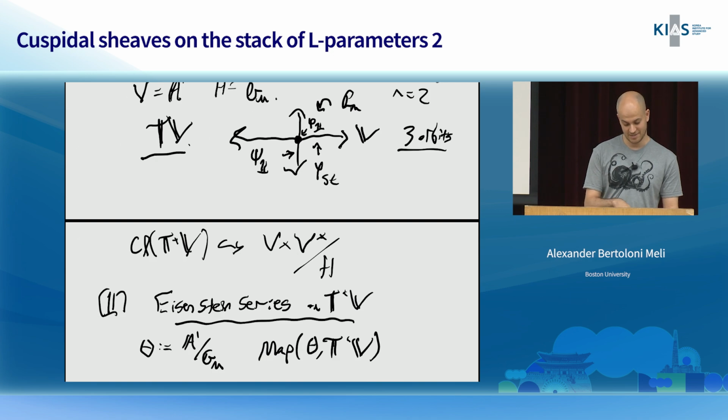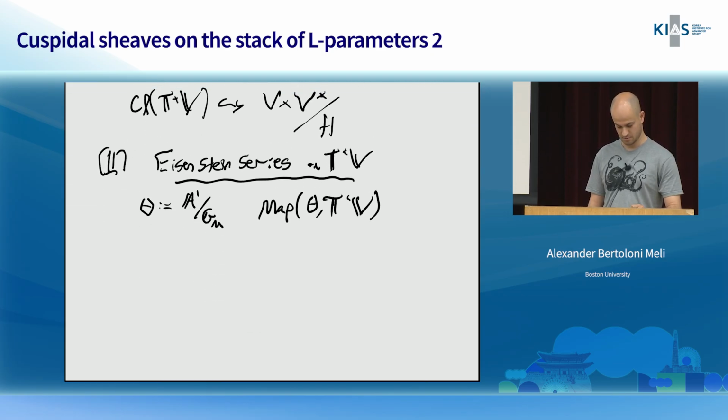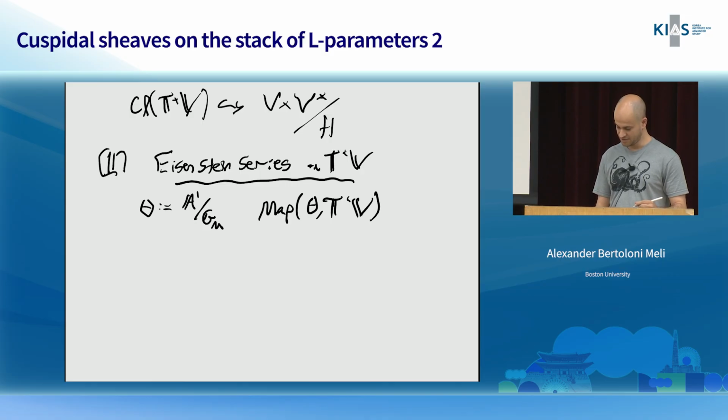So this A1 mod GM has 2 points, right? It has a closed point and an open point. And so, anyway, there's this Rees construction. This is a pretty classical thing. So this mapping stack is a stack of filtered points.